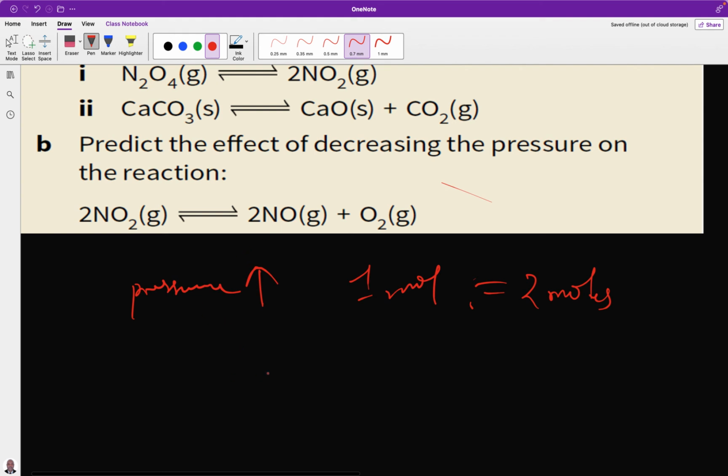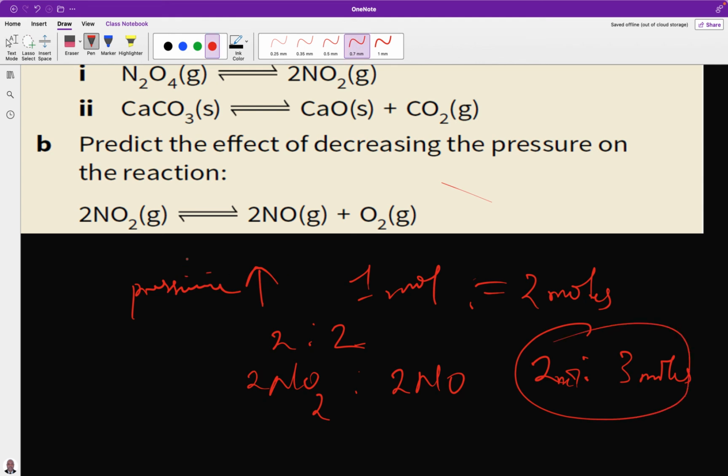We have 2 moles of NO2 to 2 moles of NO. Now, no, not 2 to 2. 2 moles here, and there are 3 moles. So it is 2 moles of reactant to give 3 moles of products. Predict the effect of decreasing the pressure.